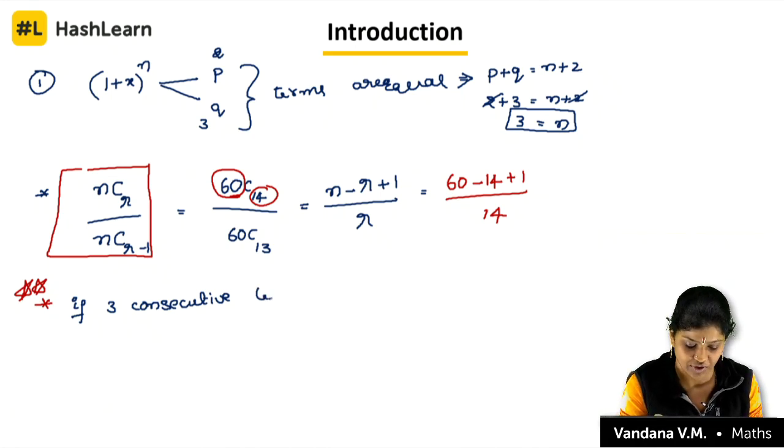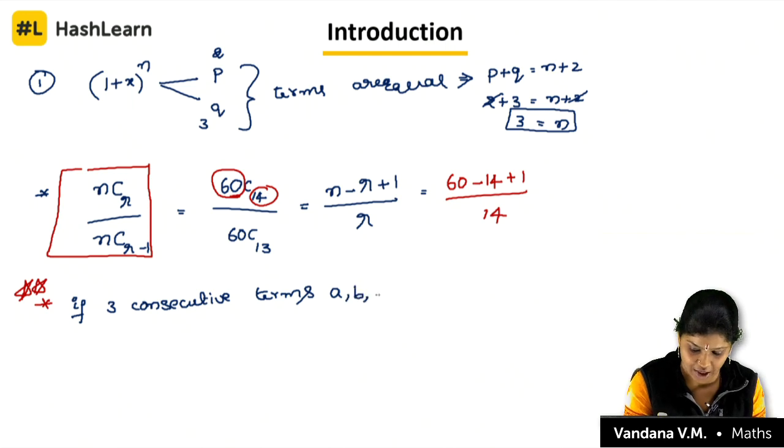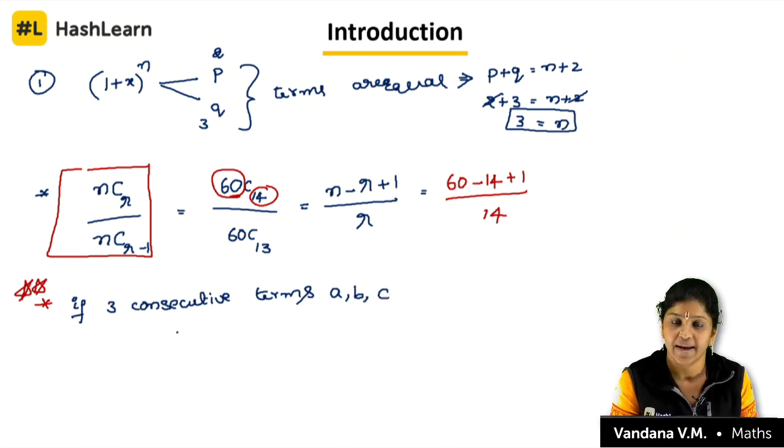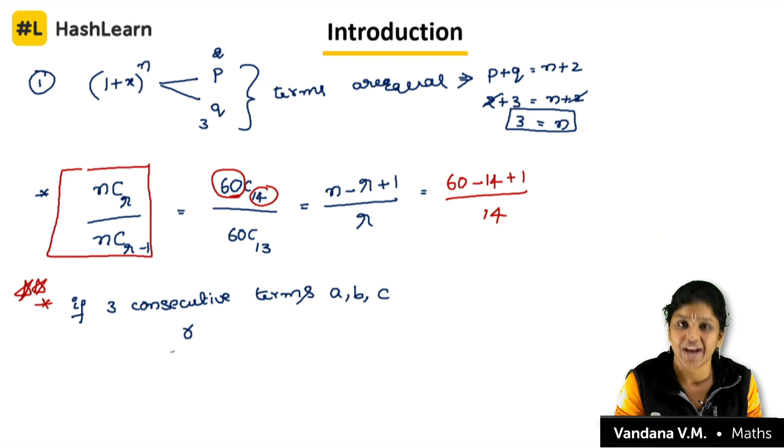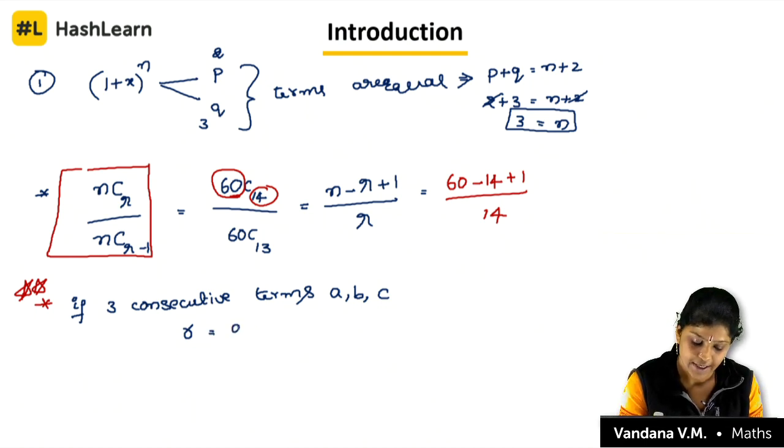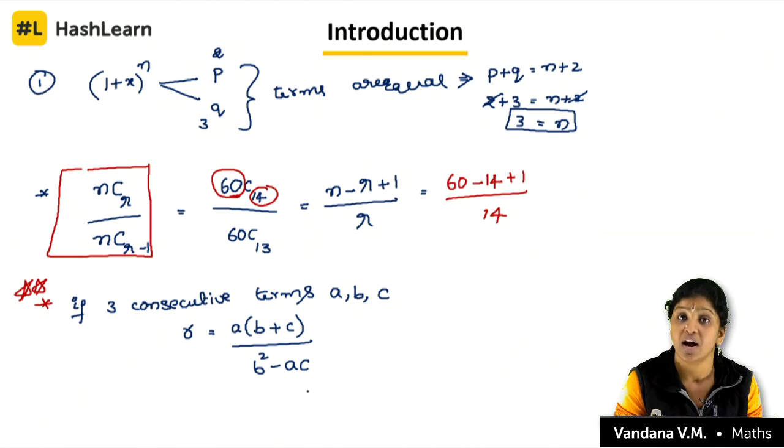Let those 3 consecutive terms be a, b, c. Then to find the r value in that expansion, the shortcut is a(b + c) divided by b^2 - ac.